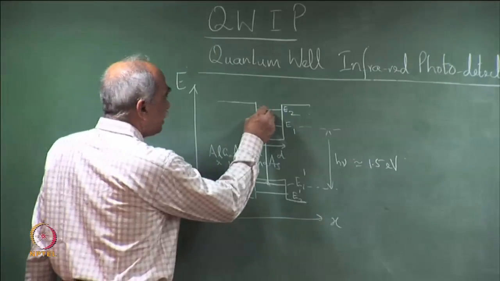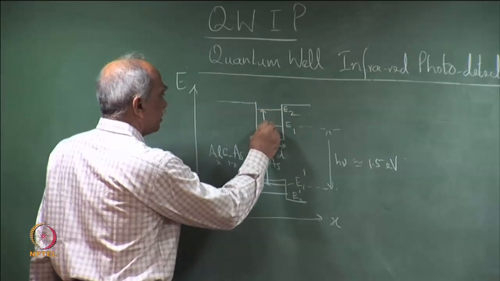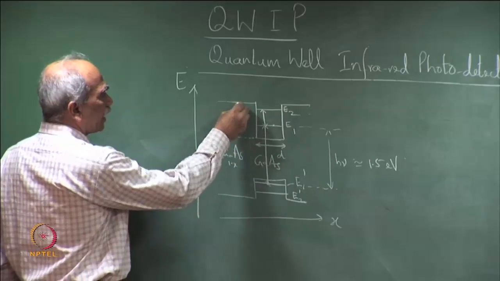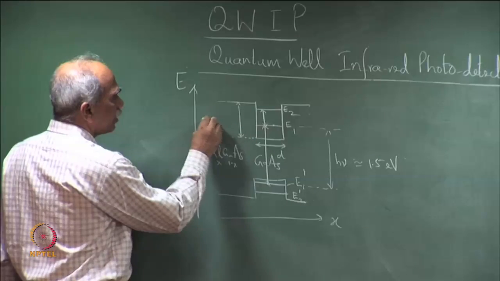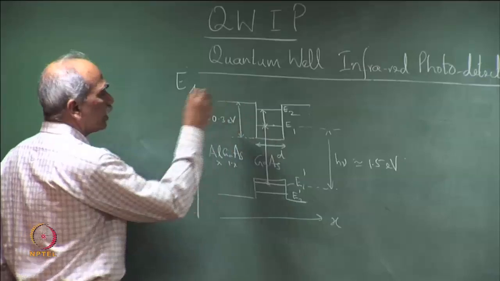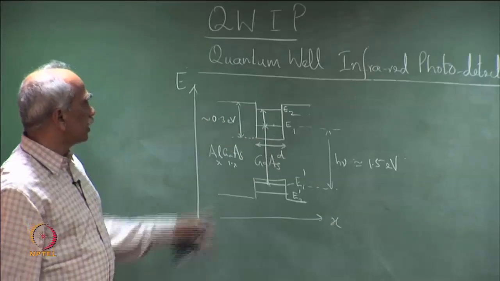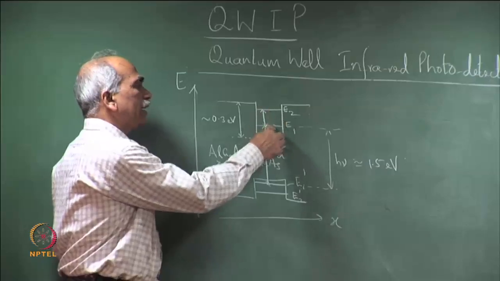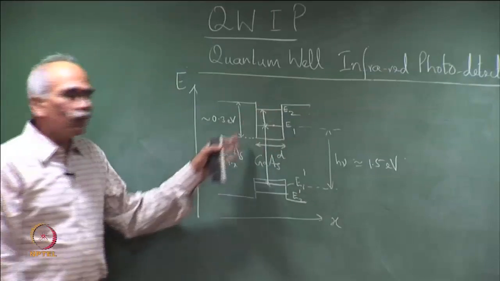The energy difference here is of course not to scale, because the height of the barrier here is typically about 0.3 eV or 300 meV, and therefore the energy difference between the energy subbands here is quite small.